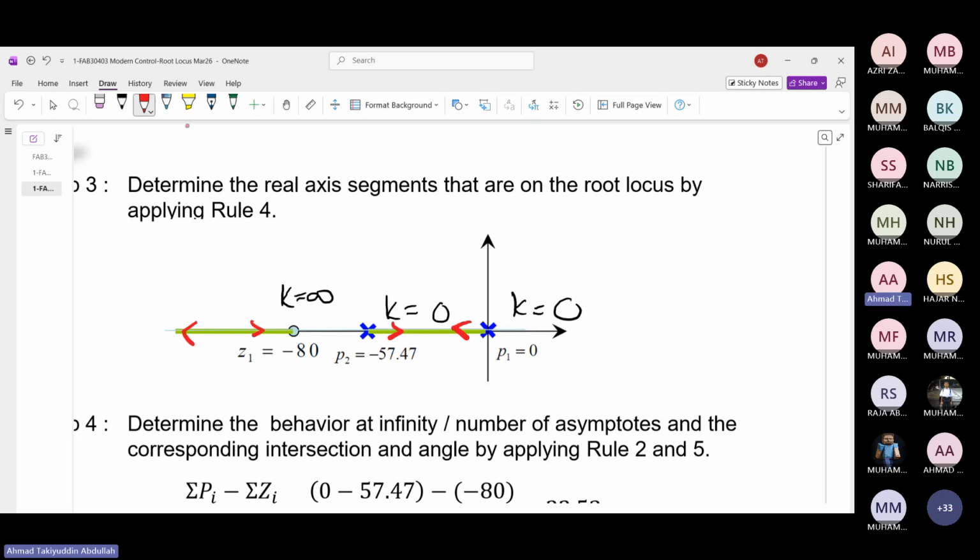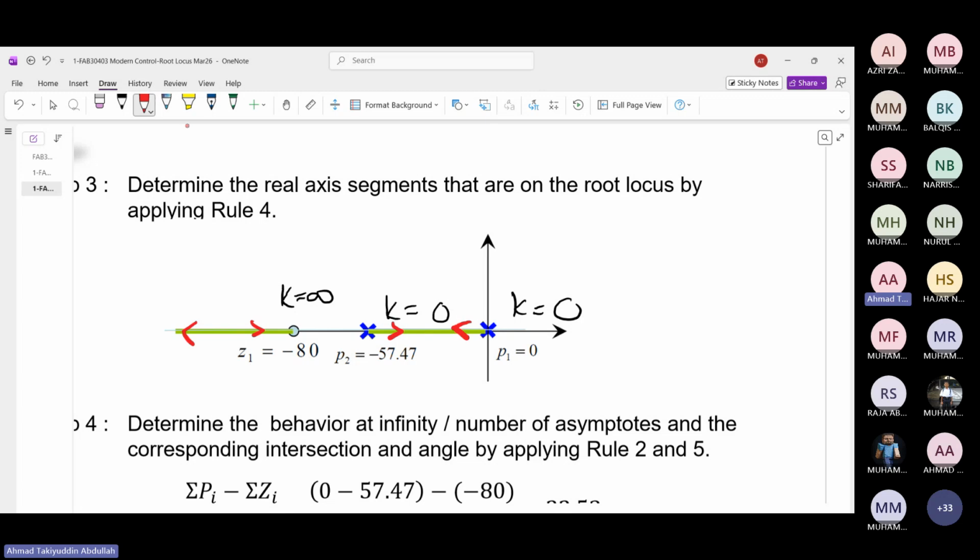Definitely it's going to be this direction because it is at k equals 0. It is at k equals 0. It will traverse from 0 to infinity. So we are going to have one point that will be known as breakaway for this real axis starting from 0 to minus 57.47.